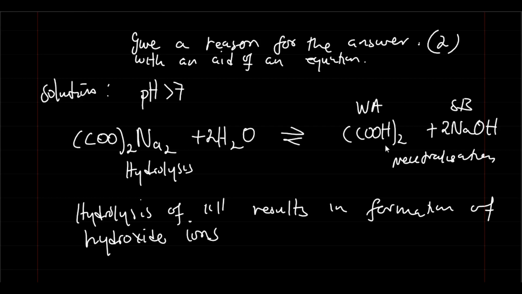Meaning here we'll have 2 OH minus. So hydrolysis of this salt results in formation of hydroxide ions. That is why the solution has a pH greater than 7.